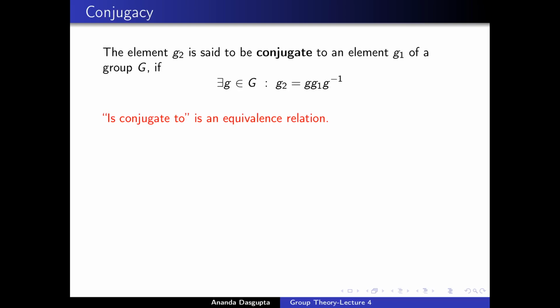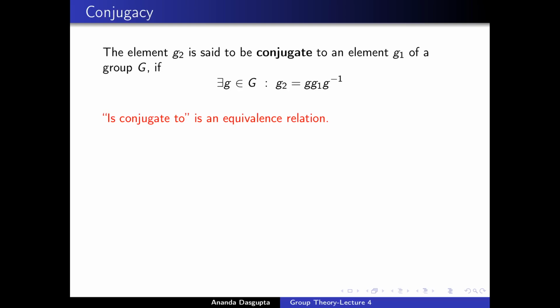To prove that this relationship is reflexive, you have to find one element in the group capital G such that any element G1 is related to itself. Now that's very easy. All you have to do is use the element E, which belongs to every group capital G. So G1 is of course E G1 E inverse, which means G1 is conjugate to G1.